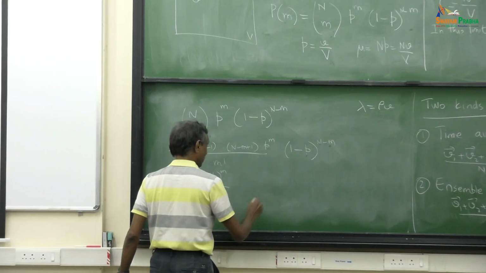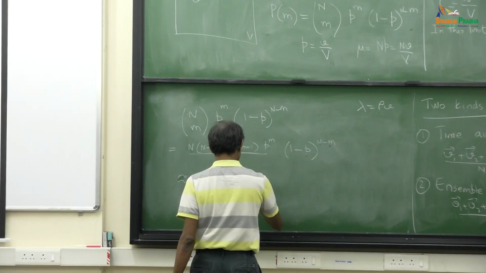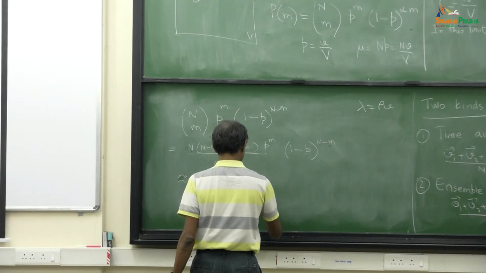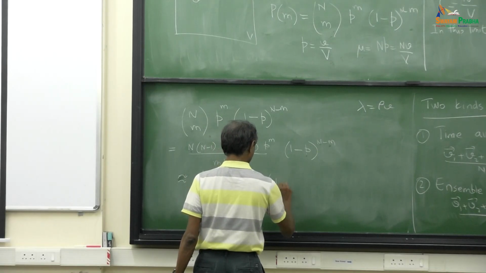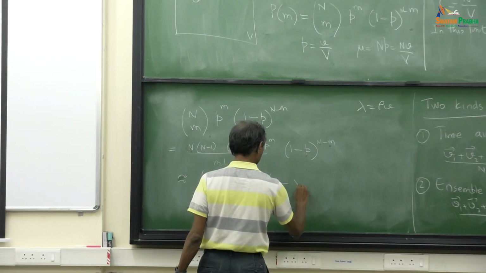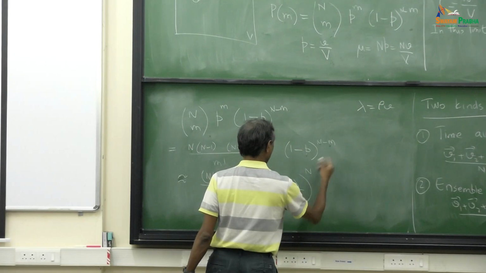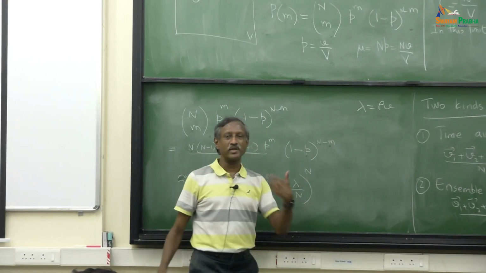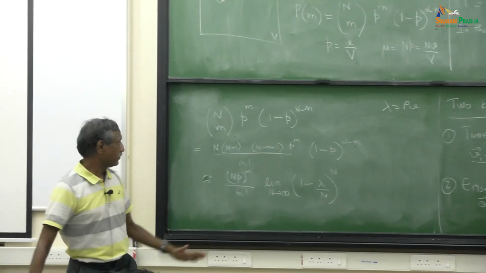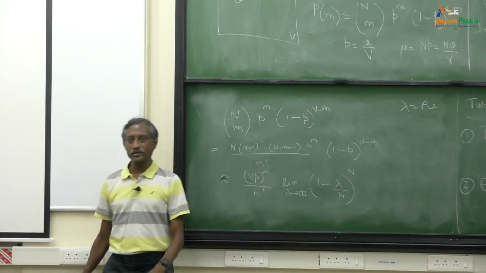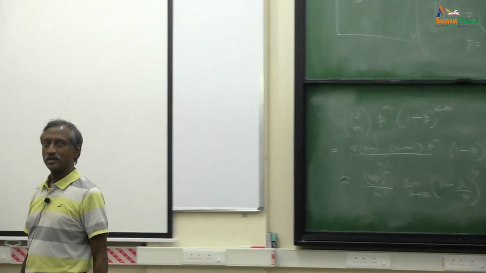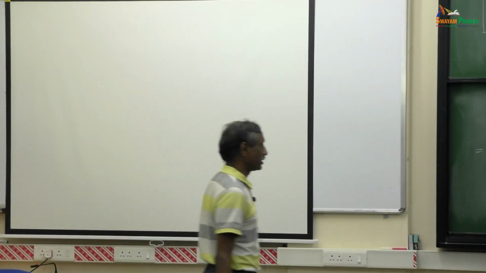So I can rewrite this as the limit n going to infinity, where n minus m and n are approximately the same. Hopefully you know this limit. What is this limit? It's e power minus lambda.